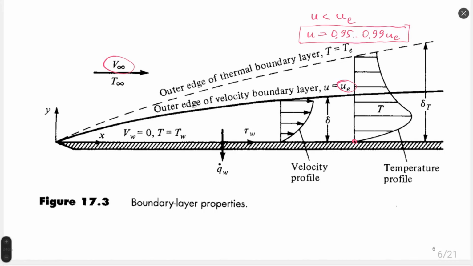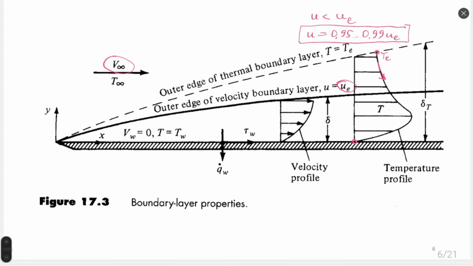So temperature of the wall is smaller than temperature of flow, and there is temperature on the edge, TE, of thermal boundary layer, and in the middle we have variation of temperature. Temperature increases due to viscous interactions in this direction. Temperature increases once gradient of velocity rises.